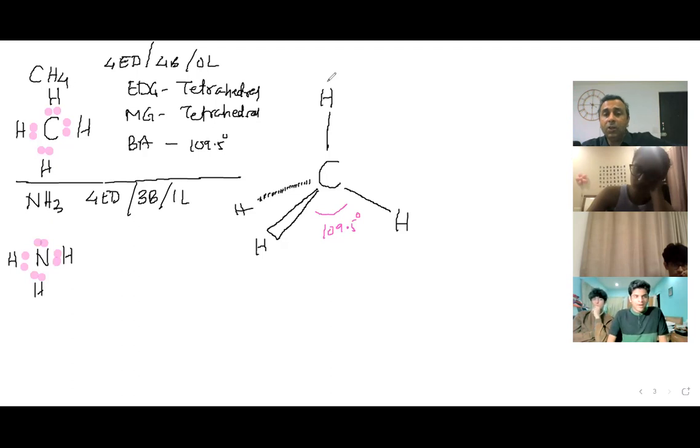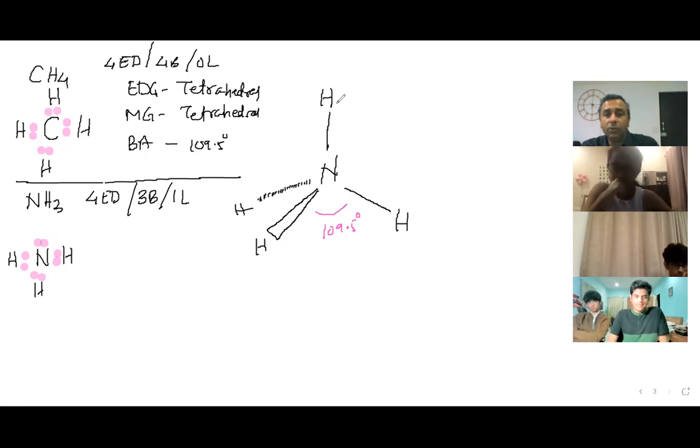Now see, I will draw the molecule on this only. Instead of methane, I'll just convert that into ammonia. For that, I will have to replace C with N. And also, only these 3 hydrogens are bonded. The 4th electron domain is not bonded.